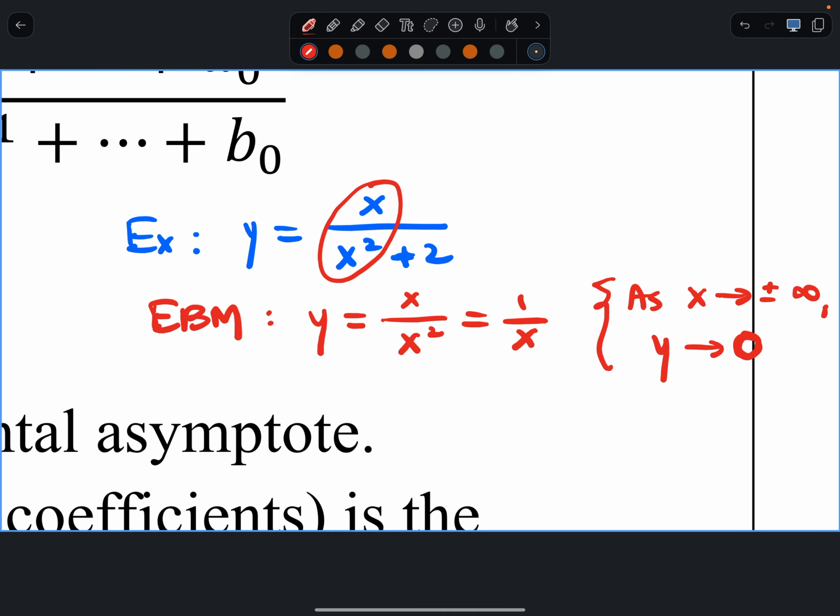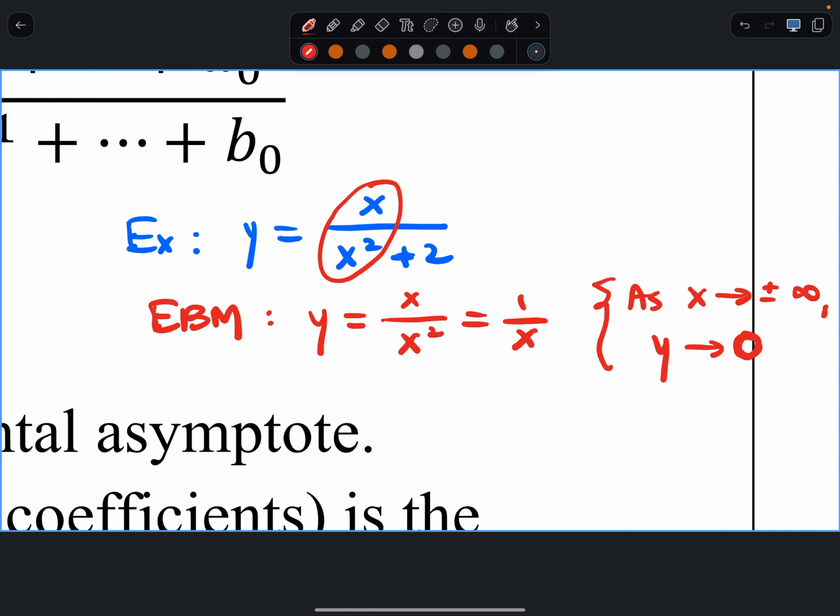When, as x is approaching positive or negative infinity, the y values are trending towards a number, that's when we say, hey, end behavior can be described by the horizontal line y equals that number. So in this case, it would be the horizontal line y equals 0.